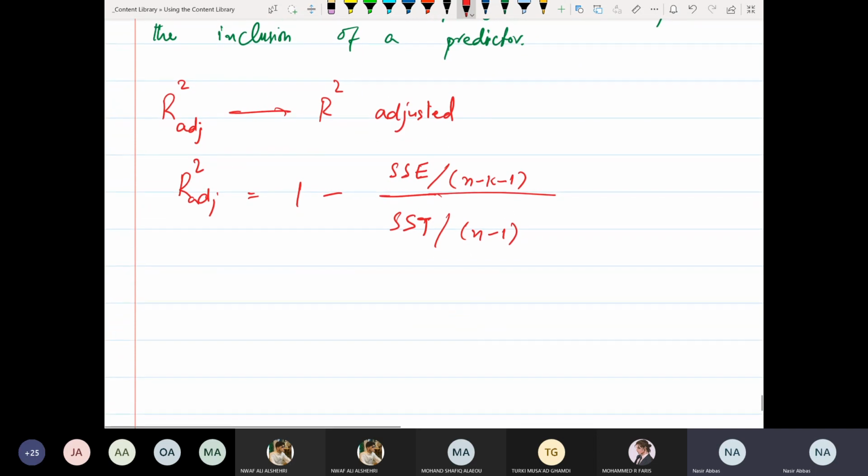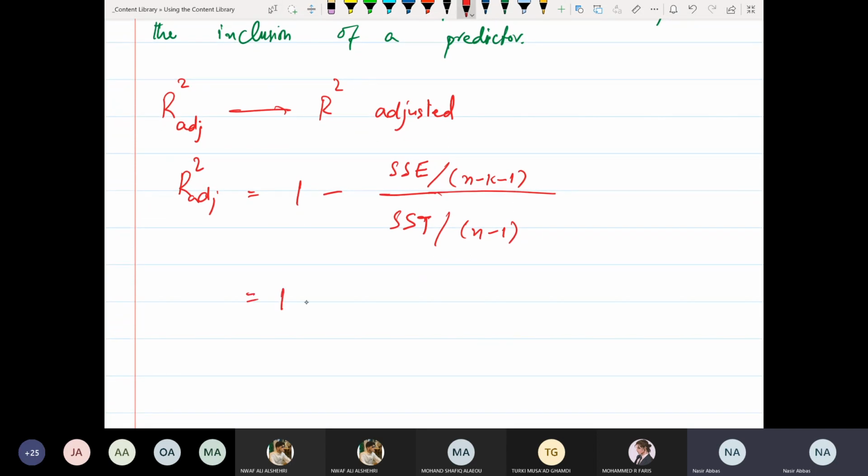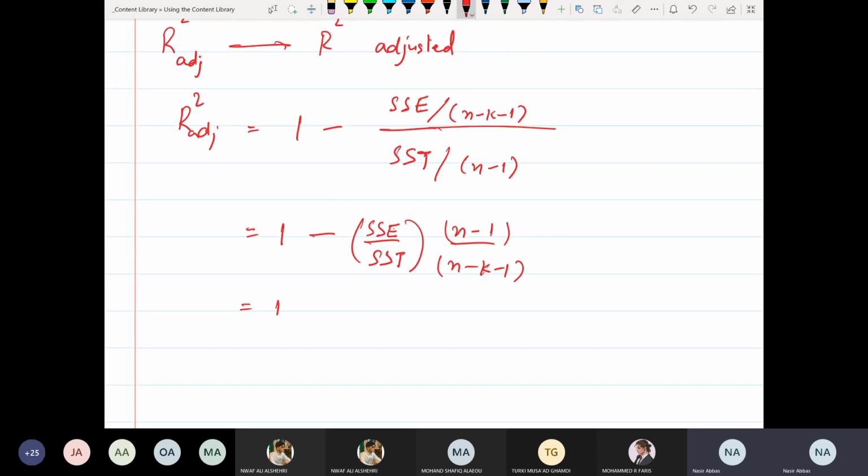If you manipulate this formula a little bit, you'll be able to see that this is equal to 1 minus SSE over SST times (n minus 1) over (n minus k minus 1). And then you can write this as 1 minus (1 minus R square) times (n minus 1) over (n minus k minus 1). This is the formula you will see in your formula sheet.